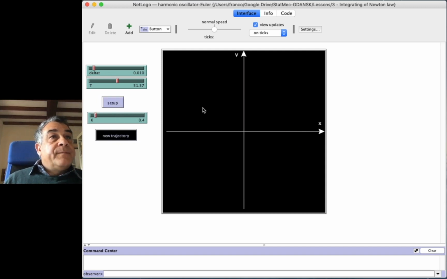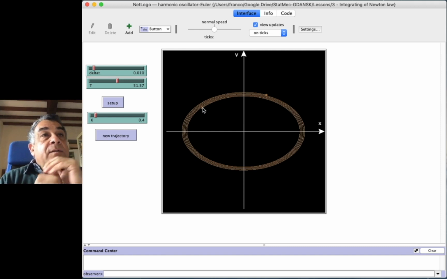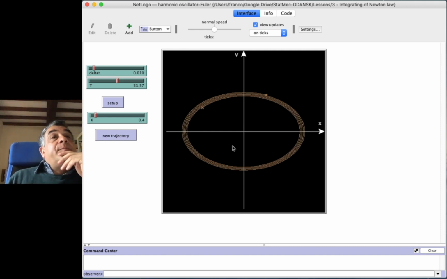But the important point is that energy is not strictly conserved, since it increases. Instead of being an ellipse, it is a kind of spiral.